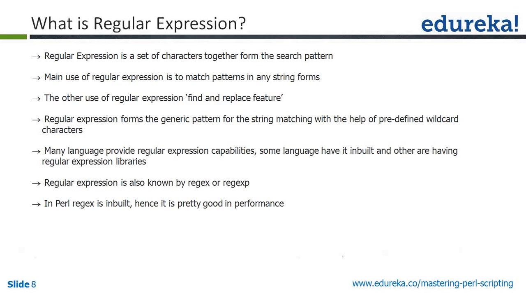If you concentrate here, whatever regular expression we are going to read here is common for the other languages. The only difference is that their syntaxes might be different, because in Python, if we use a regular expression, we import the regular expression library into our namespace and then run our program. In Perl, it is by default available in the system, so you don't have to import libraries and start working on it. In Unix shell scripting, you use awk, grep, sed, these kinds of utilities using regular expressions very heavily. So they are common everywhere.